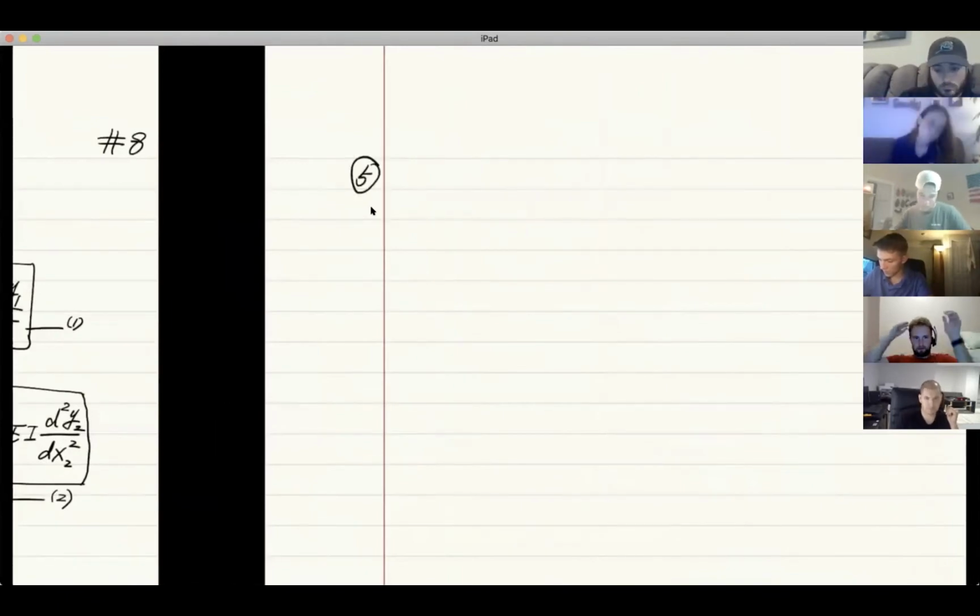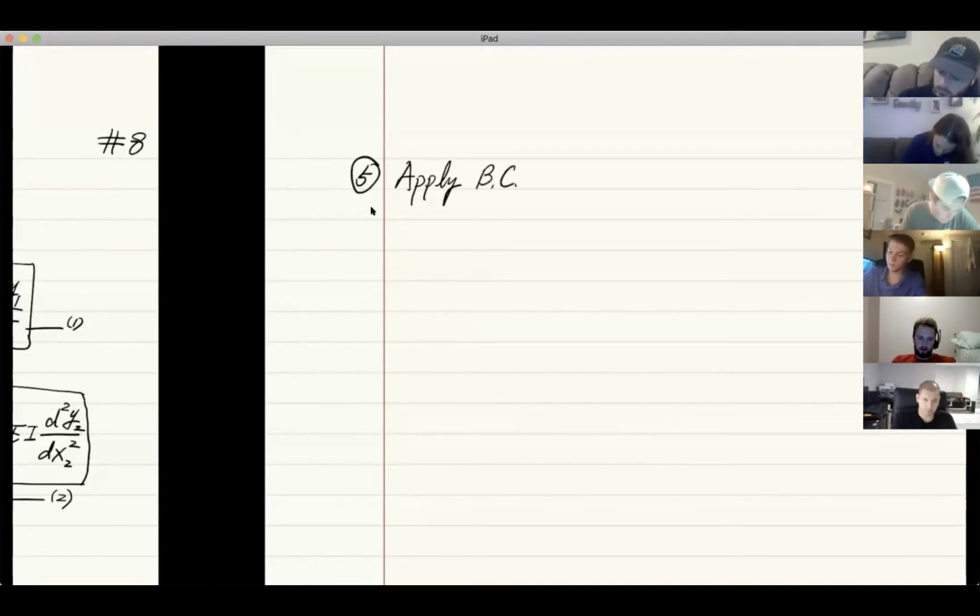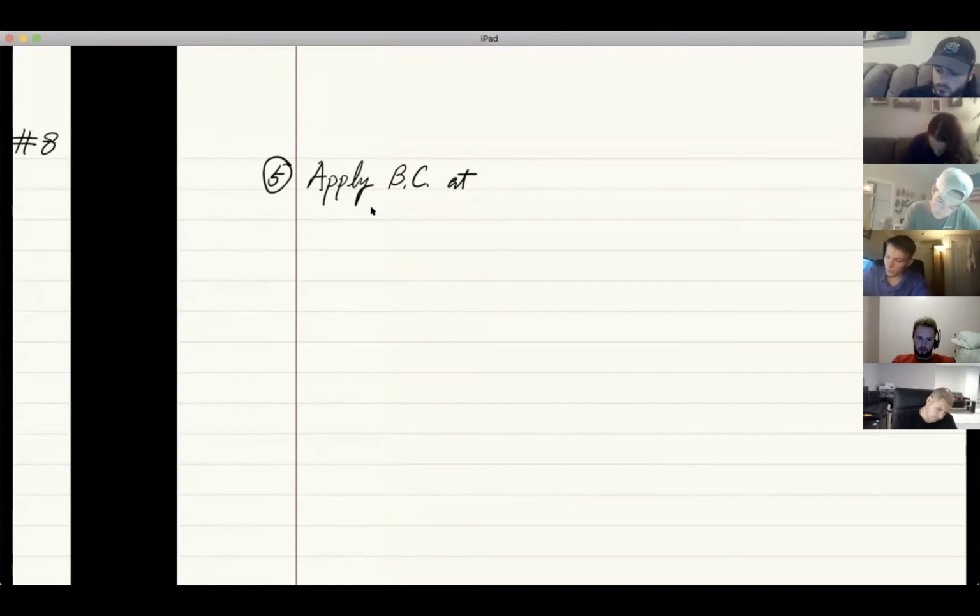Now in step 5, apply boundary condition. First of all, we say that when y1 at x1 equals 0, there's no deflection. So this is nothing but just a support, right?